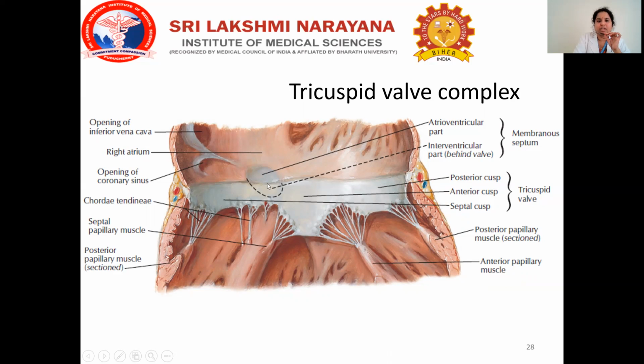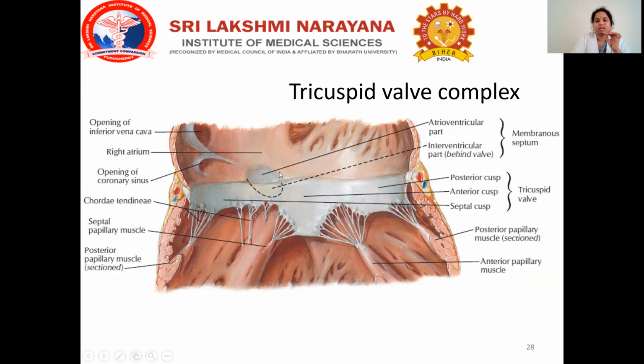So a small part of the membranous portion can be seen in the right atrium, and a small portion can be seen below the attachment of the leaflets, which is given as a dotted line.